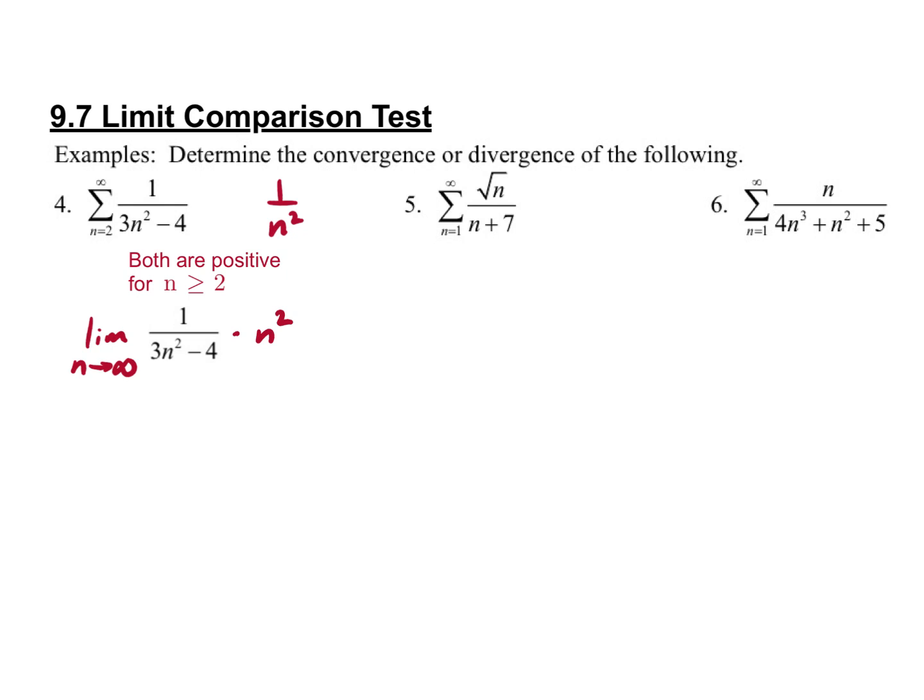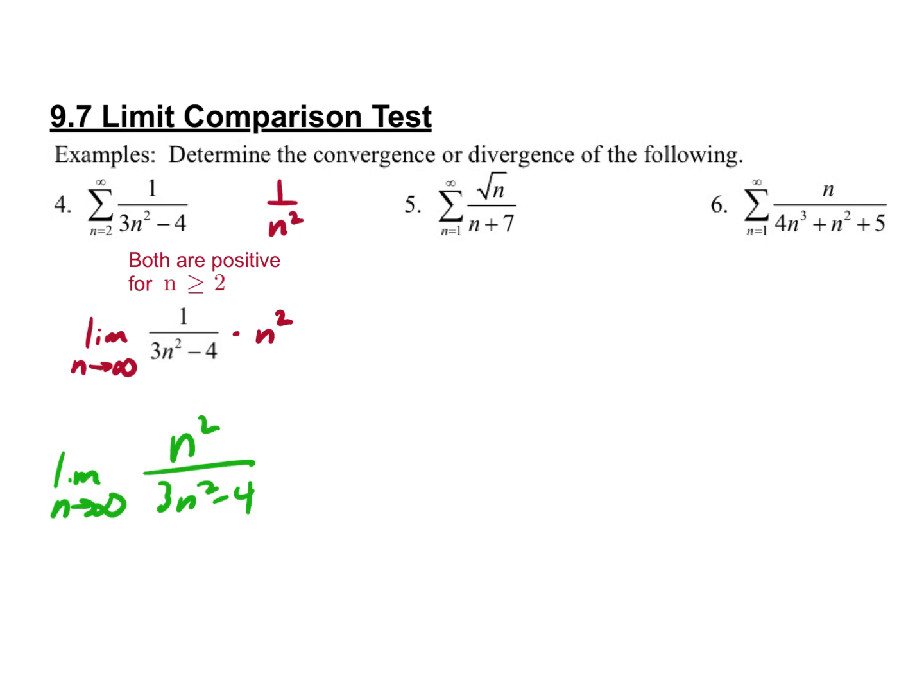Okay? So, think about this problem. In reality, it's really n squared over 3n squared minus 4. We're taking the limit of that. Well, what is the limit of that? 1/3, right? We don't even have to worry about the 4.